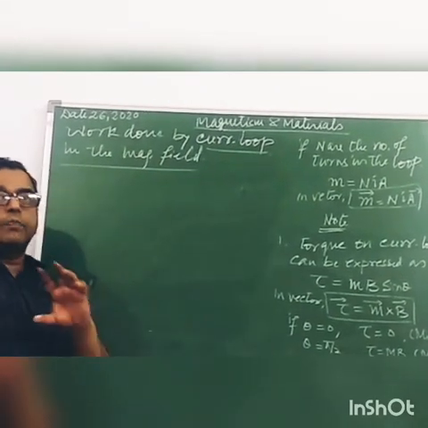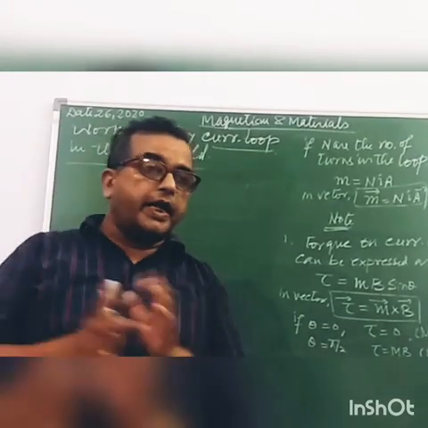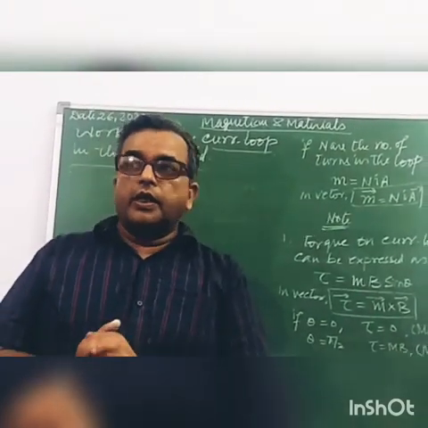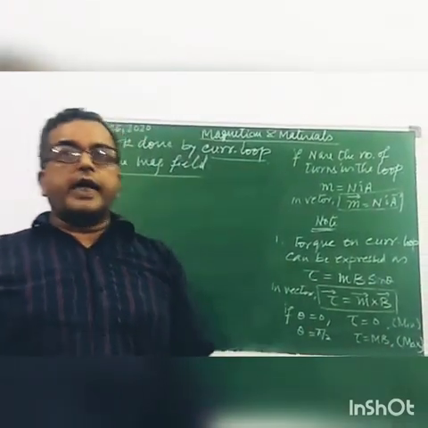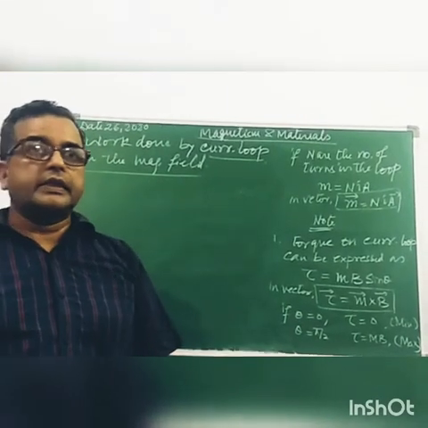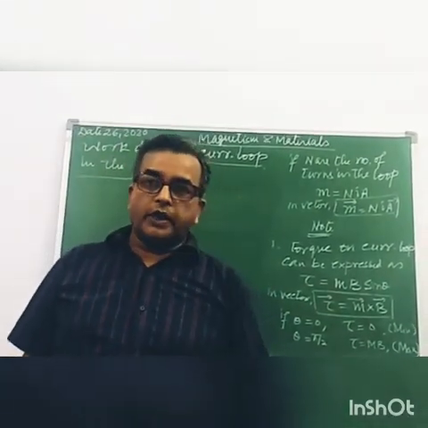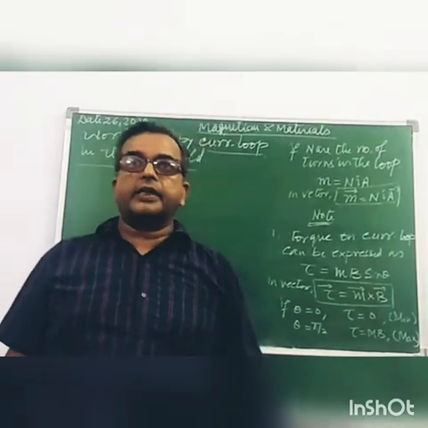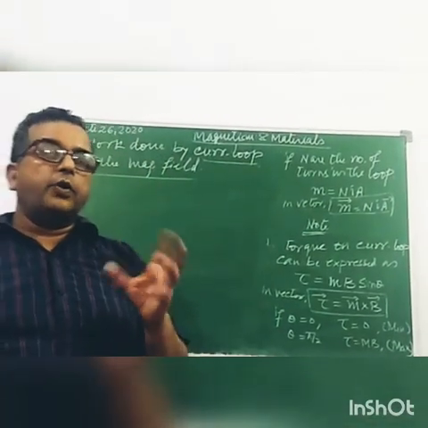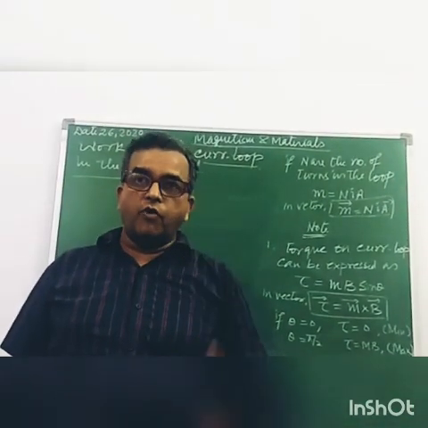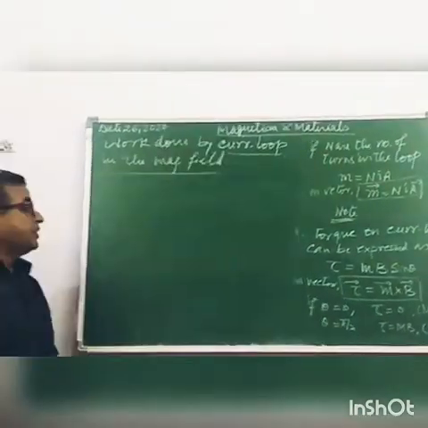Suppose a current loop is placed in the magnetic field. So what happens? We know that the torque acts on it. Due to the torque, there is a turning effect and this current loop rotates in the magnetic field.